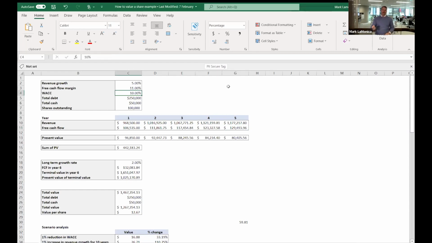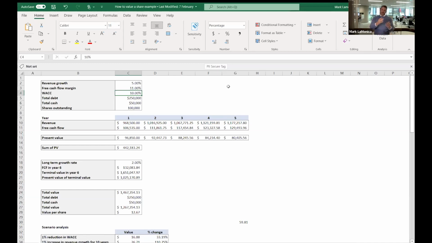And this discount rate, incidentally, is influenced by interest rates. So the higher interest rates are, the higher this discount rate is. And if the discount rate is higher, it means future cash flows are worth less. That's why shares are worth more in low interest rate environments.